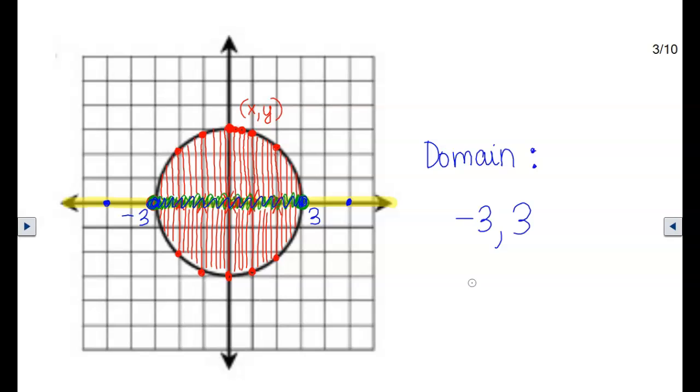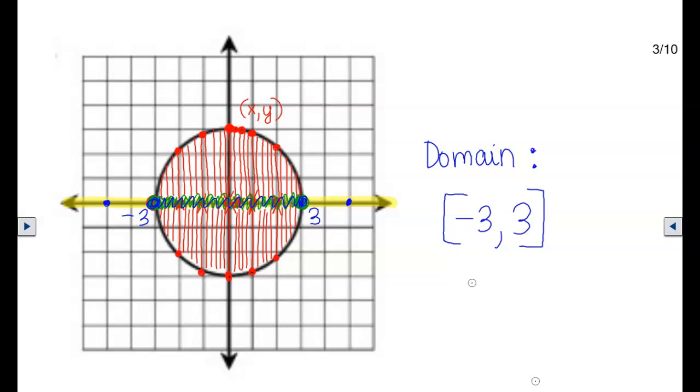And then remember that we use brackets or parentheses to complete our interval notation, and that's all based on whether x can actually be that number or not. So I see here that x can actually be -3, and that x can actually be +3. For that reason, I would put a bracket on -3, and I would put a bracket on +3.